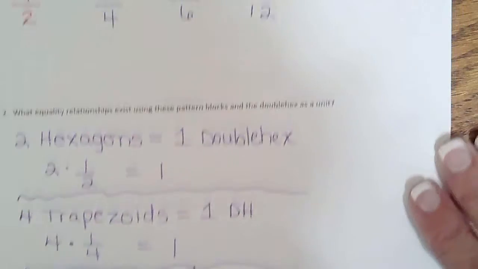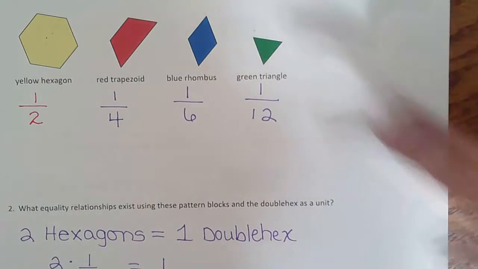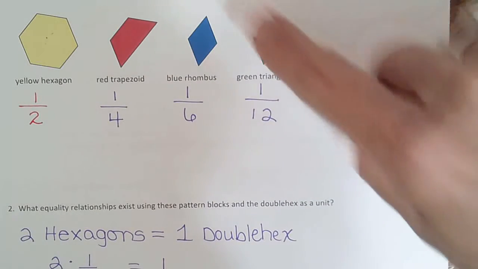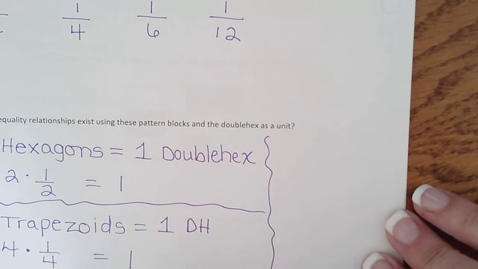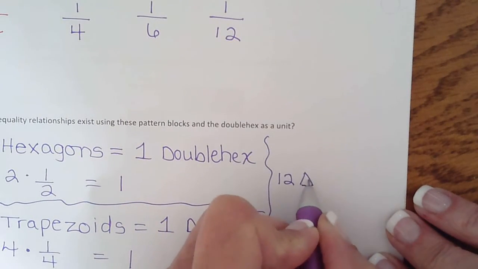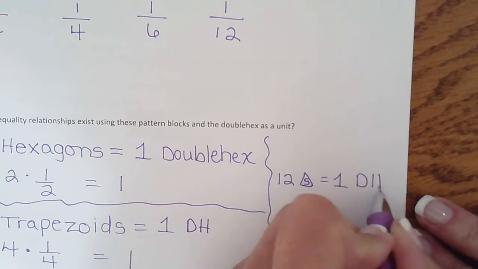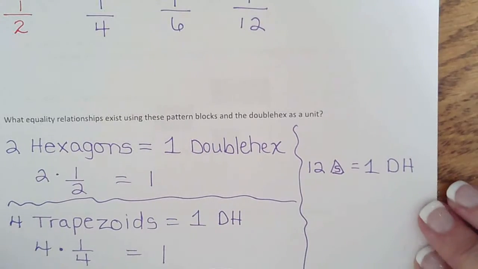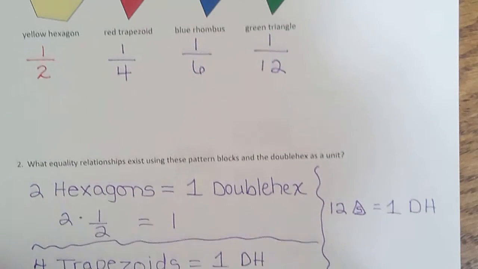And then last we have the green triangle. So we can see 6 plus 6, 12 make a whole. So 12 triangles equal 1 double hex, but each triangle is a 12th.